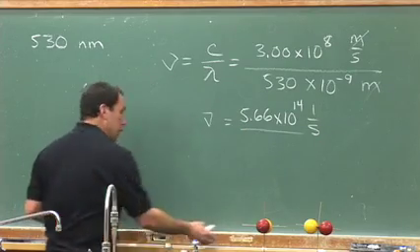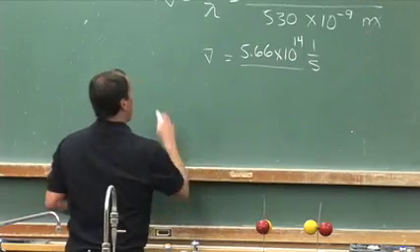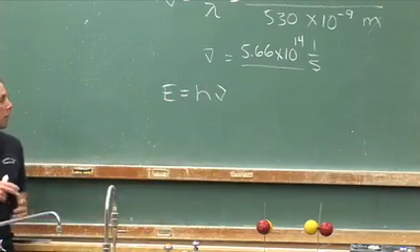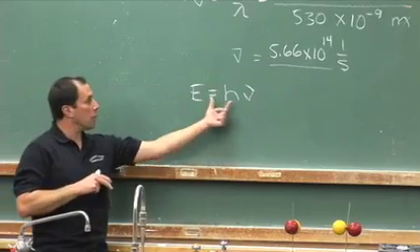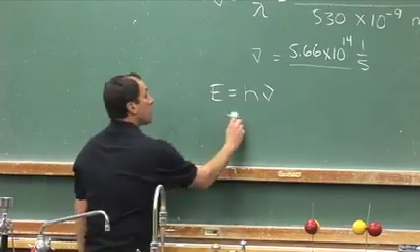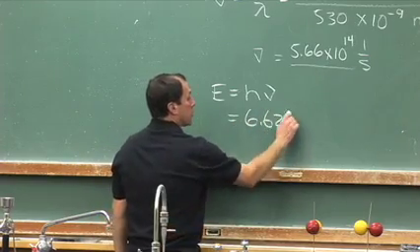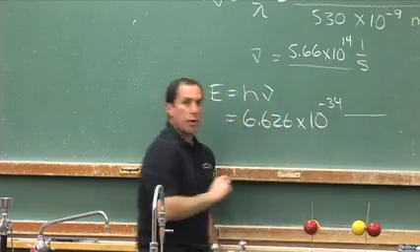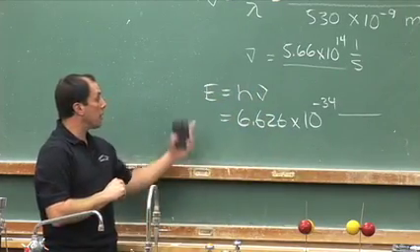Let's calculate the energy of this. We have an expression courtesy of Max Planck. Max Planck said the energy is equal to a constant, named Planck's constant, times the frequency. This constant is 6.626 times 10 to the negative 34th. Now for units, this is going to have an energy component to it.